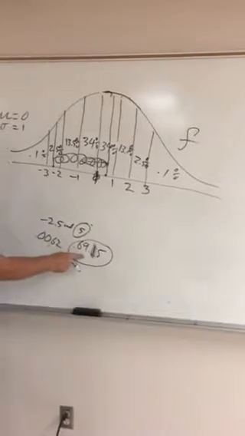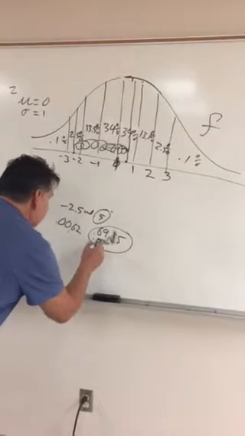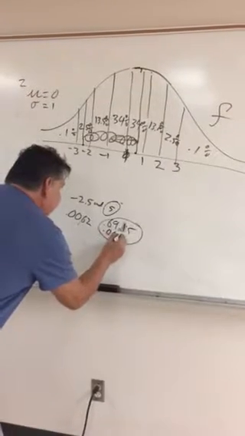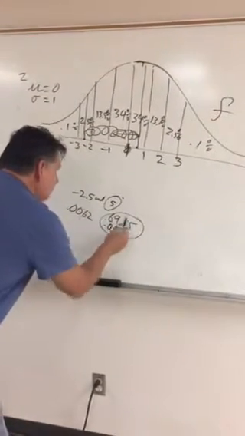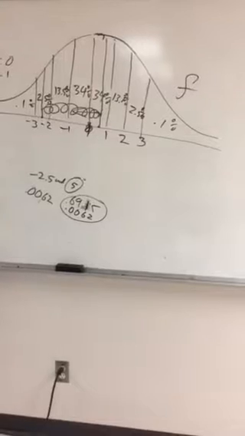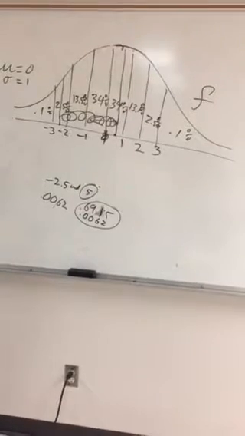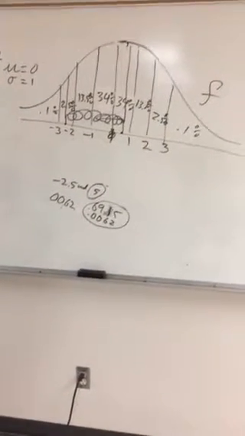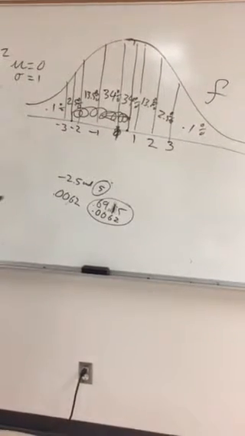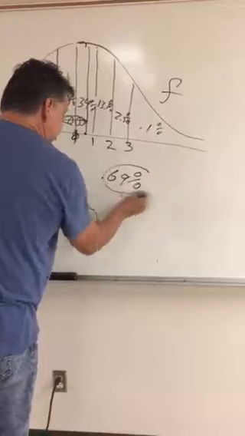So I'm just going to subtract those two numbers: 0.6915 minus 0.0062 gives me a value of 0.69, or 69%.